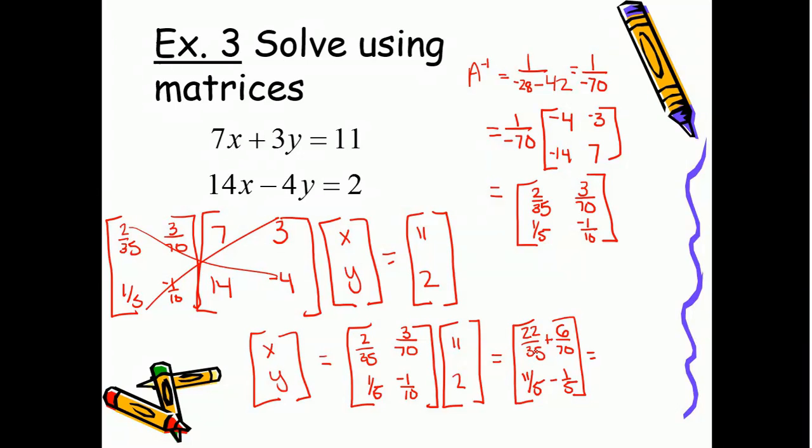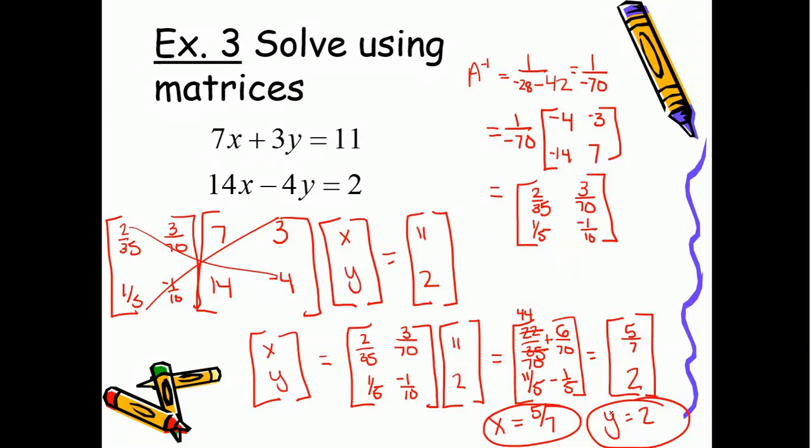So I know I'm going to get, don't have a common denominator. So that's 70 and 44. So I'm going to get 50 over 70, so basically 5 over 7, right? And then 10 over 5, which is just simple old 2. So I get x equals 5/7 and y equals 2.